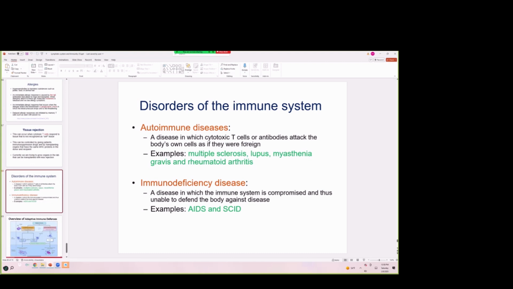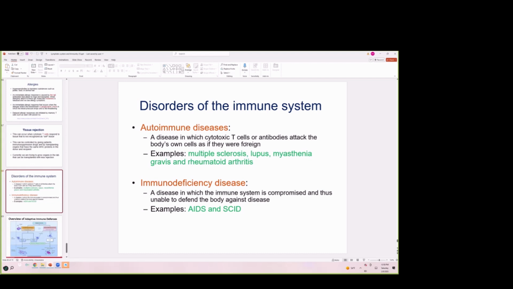And then we have immunodeficiency disease. It means our immune system is not strong enough. You remember we said that in certain situations, T helper cells would go and engulf the pathogen and then present a piece of the antigen on their surface for the destructive cells to identify it and destroy it.